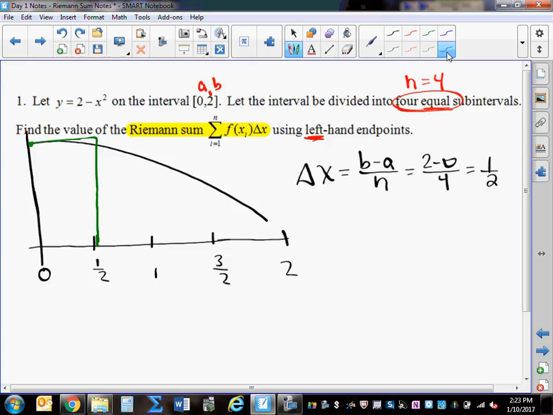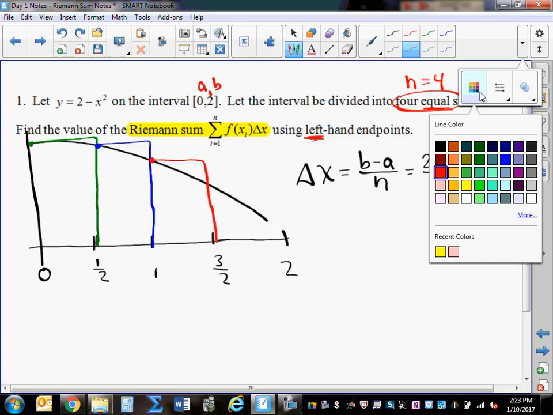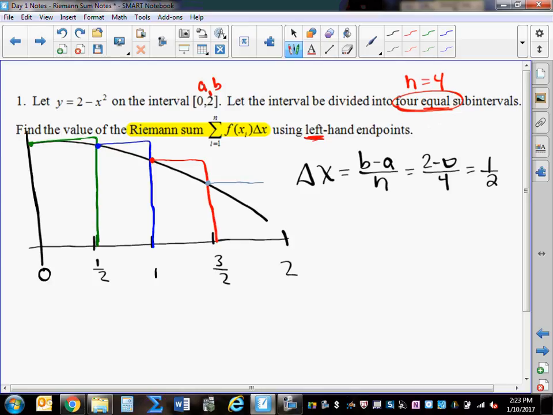So f of 0, notice, was my left point. Okay, so then next, my left corner is on the curve. My left corner is on the curve. And my left corner is on the curve.